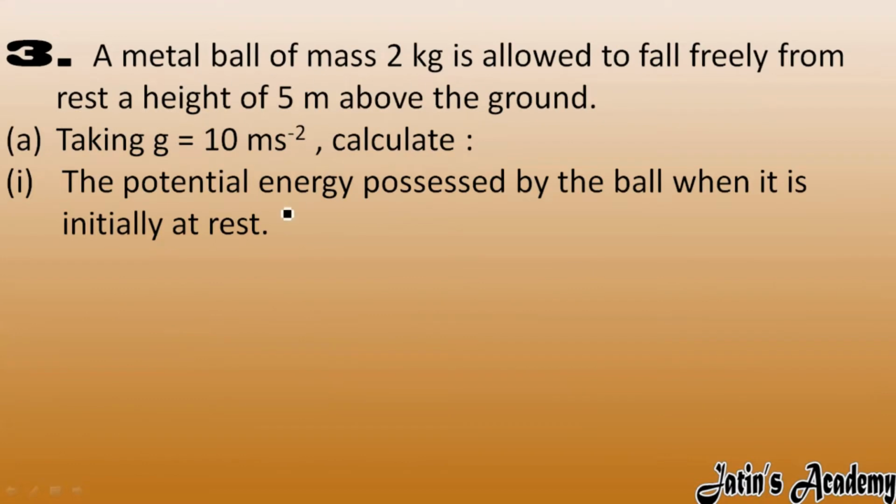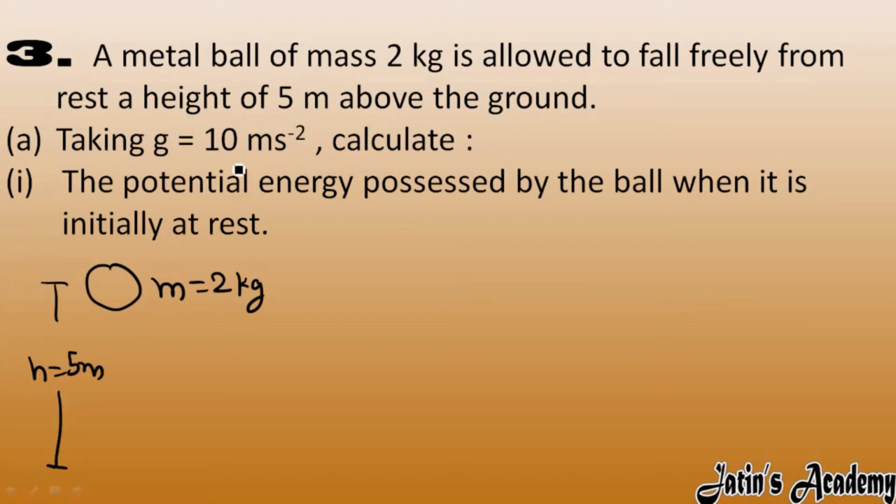Now carefully see the question. A metal ball whose mass is given as 2 kg is allowed to fall freely from rest at a height of 5 meters above the ground. Taking g value as 10, we have to calculate the potential energy possessed by the ball when it is initially at rest.